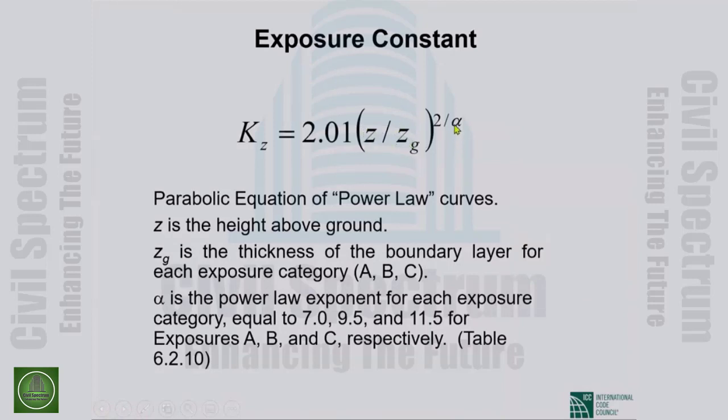Alpha is the power law exponent for each exposure category. That is given in the standard, equal to 7, 9.5, and 11.5 for exposures A, B, and C respectively. These are Bangladesh exposures A, B, and C. So if we know our exposure category, we immediately know Z sub g and alpha, and then we have K sub z. We can calculate wind velocity at any height above ground of any exposure.